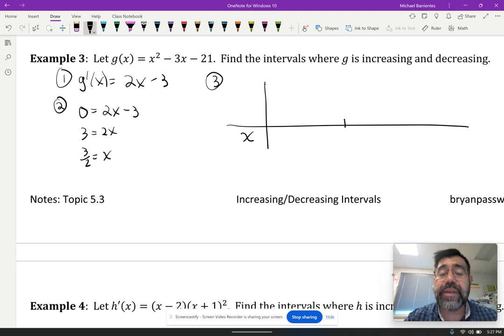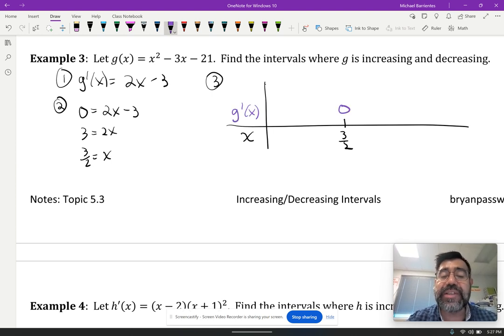So somewhere here is 3 halves. So think of this as your x-axis. So my x-axis tells me it's 3 halves. However, I know that my derivative is equal to 0 at 3 halves. But now I'm going to check a point on either side of 3 halves.